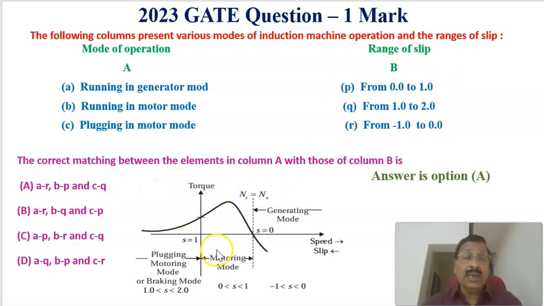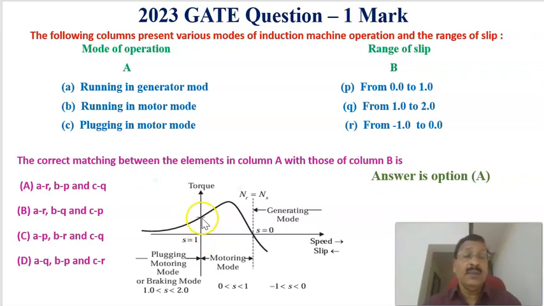Now coming to the torque slip characteristics of an induction machine, this represents the torque slip characteristic. When the machine is operating as a motor, this is the region where slip is marked in this direction. When slip equals 0, it corresponds to synchronous speed, and when slip equals unity, that is 1, the rotor is stationary.